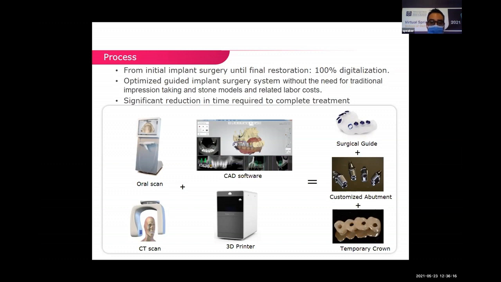and where the nerve and the sinus are placed, the thickness of the bone, the height of the bone. And because we know where the surface of the soft tissue and the surface of the bone are, we can calculate the thickness of the soft tissue. This is the key point that helps us produce the final customized abutments, because to produce them we have to know the gingival height.